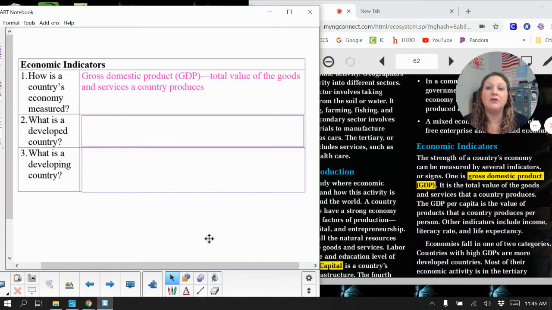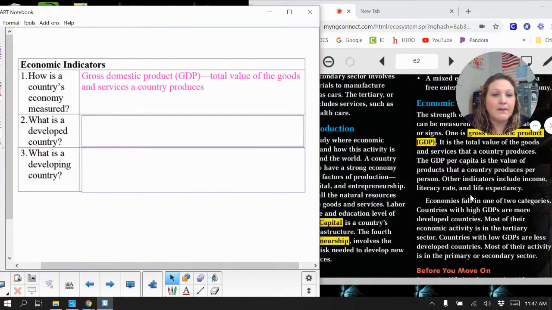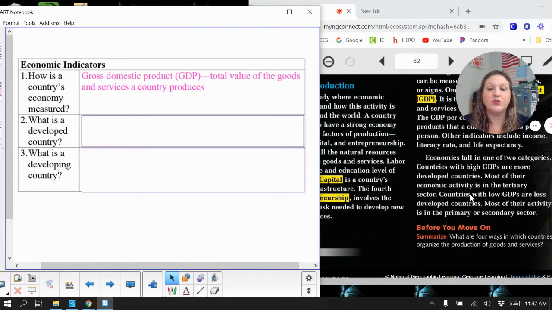So make sure that you have that entire answer there, because you will need to know that definition of GDP. Okay, it talks about other indicators as well, but we're going to focus on that GDP.